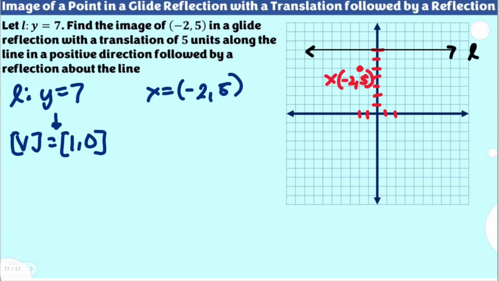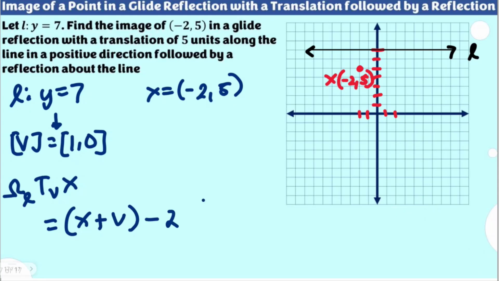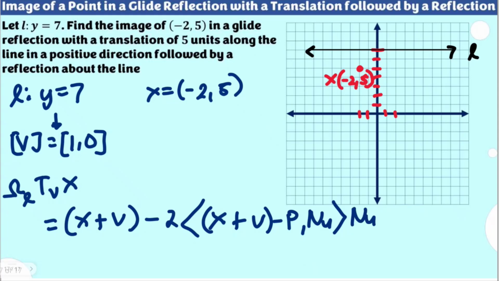That would mean for our translation, which would follow this specific formula, we would start with the translation of x along vector v before reflecting to our L. It is identified by this: x plus v minus twice the quantity x plus v minus p, together with our unit normal vector times our unit normal vector.